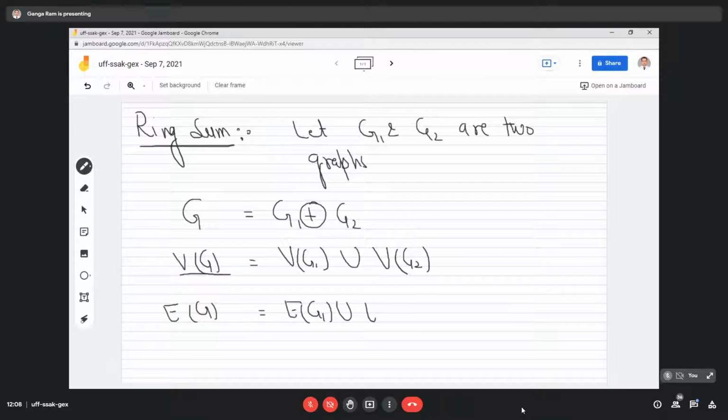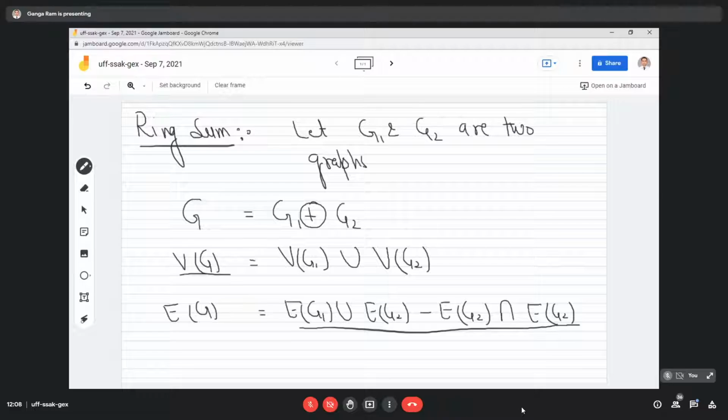union E(G2), and also we will not take those edges who are in common.